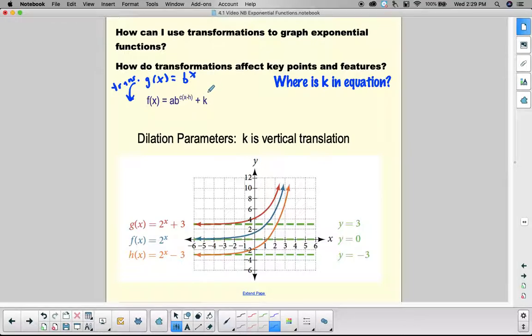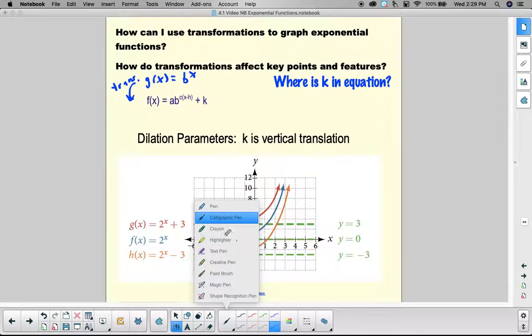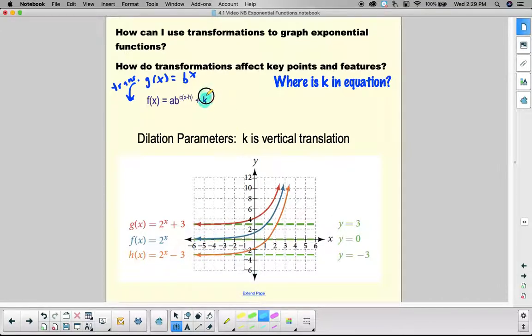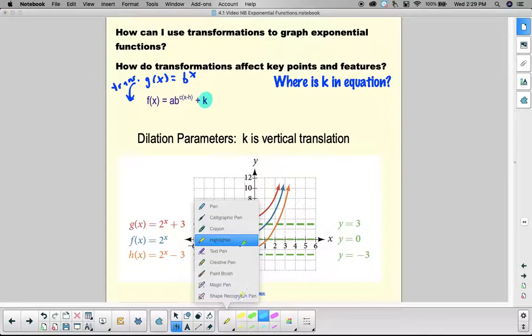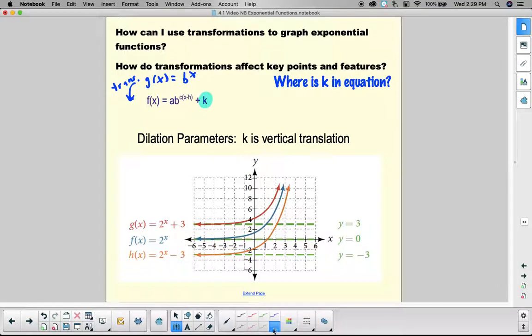The first transformation parameter that we're going to look at is k. Notice where k is in the equation. k is the constant that's being added or subtracted at the end, or it could be at the start, but it's separate from the exponential term.